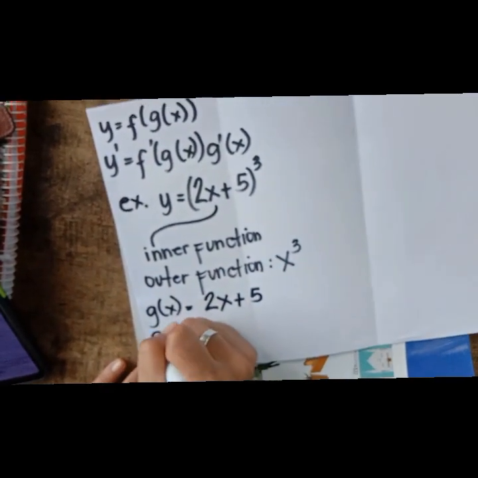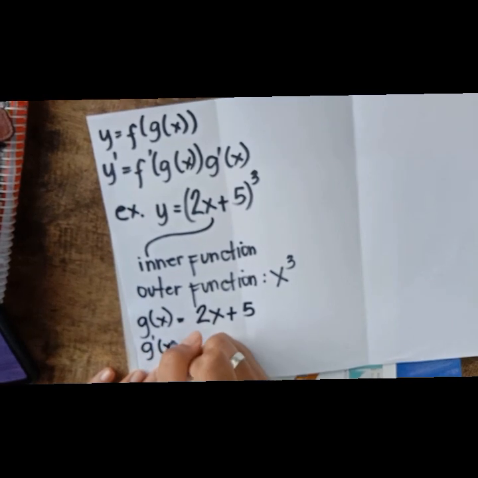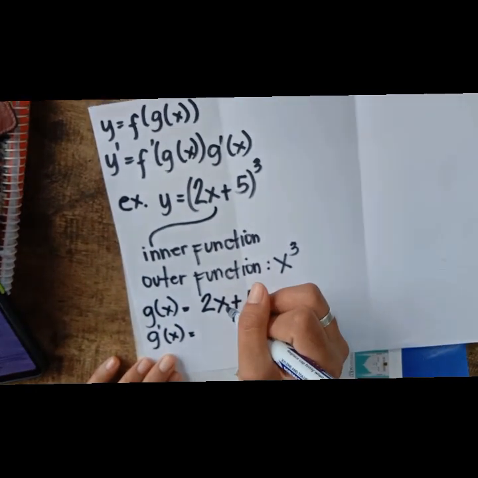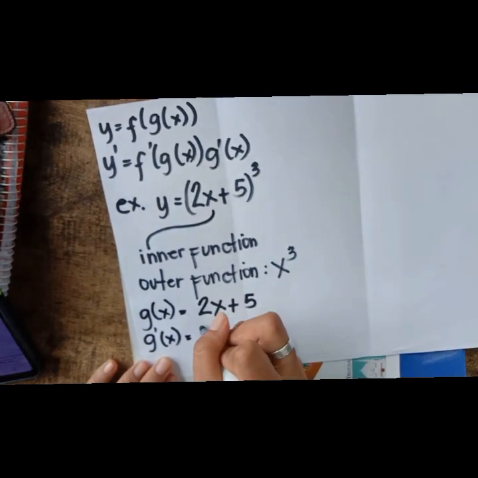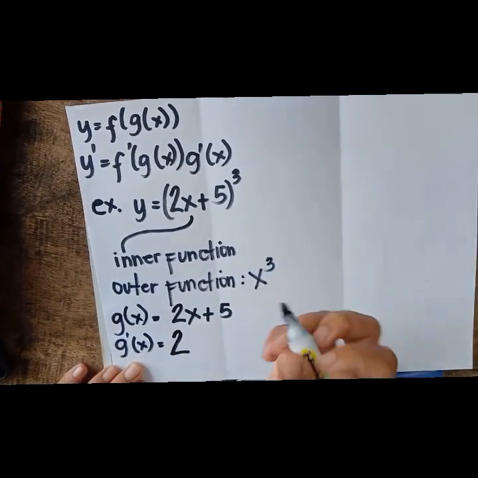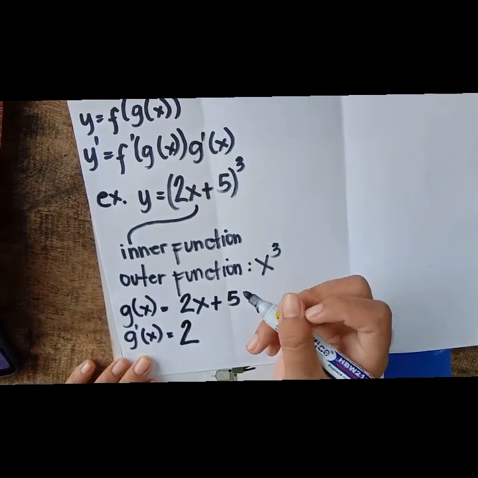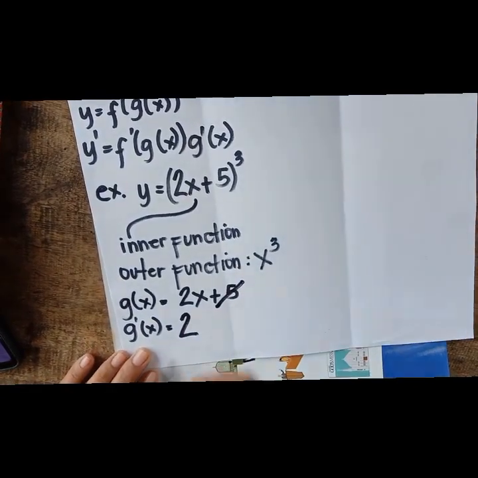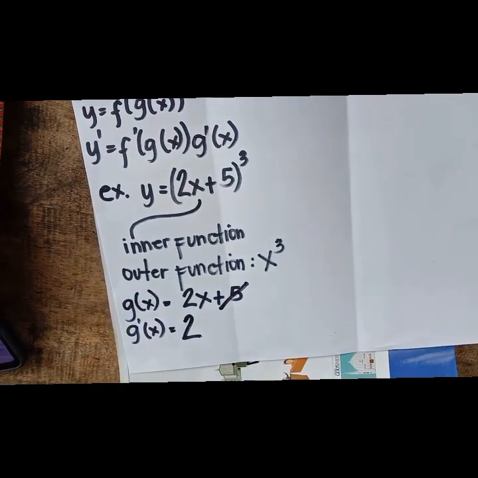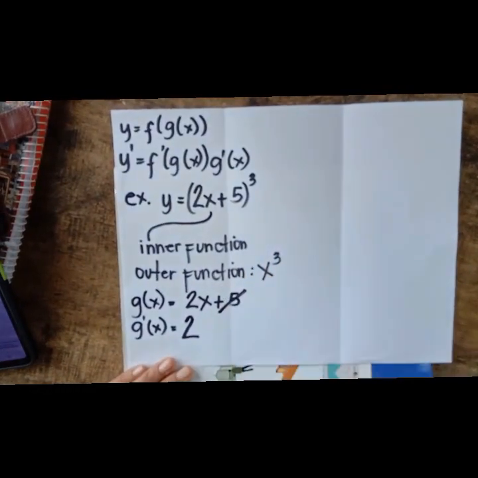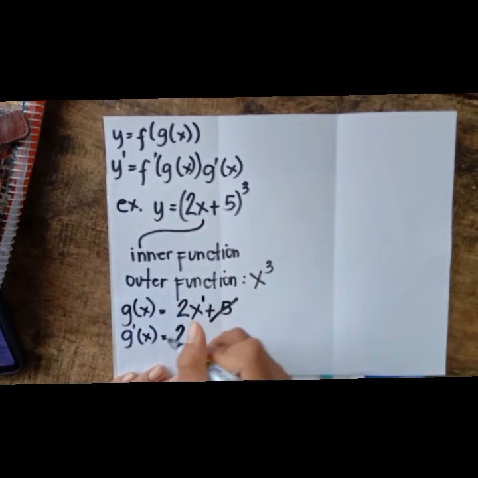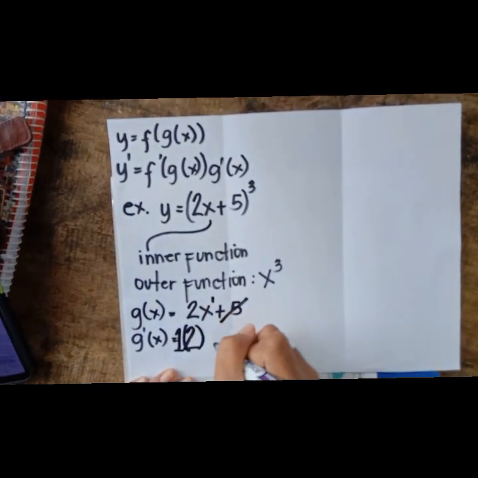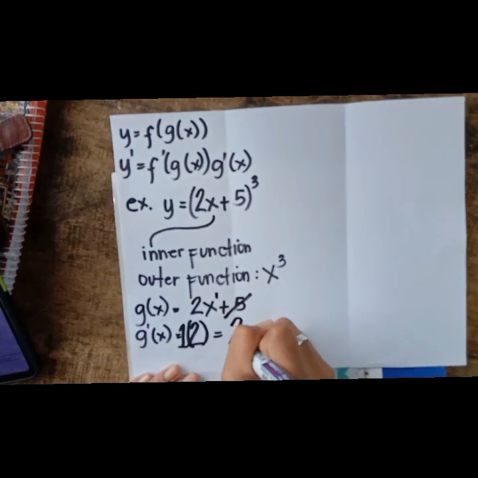So g prime of x is equal to the derivative of 2x, which is 2. Then, since 5 is a constant number and its derivative is equal to 0, it is equal to 2 because the exponent 1 times the numerical coefficient 2. So, it is equal to 2.